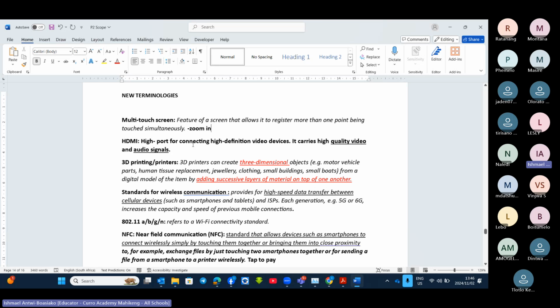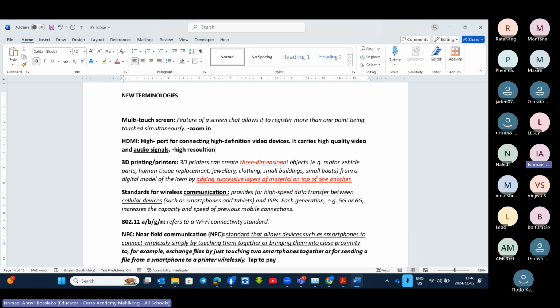And again, HDMI gives a high quality video as compared to the VGA. In other words, they give a high resolution. So when you are comparing the high resolution, and then they also give both video and audio.